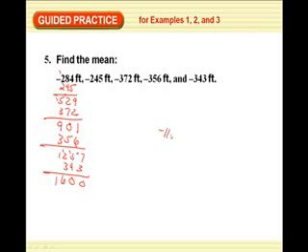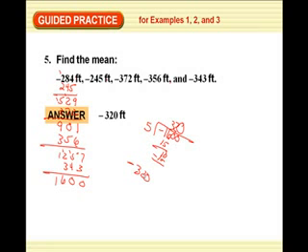Okay, I'm getting negative 1600 divided by 5. A negative and a positive make a negative. That's 3, which is 15, 2, 10, another 0. Negative 320 is the mean.